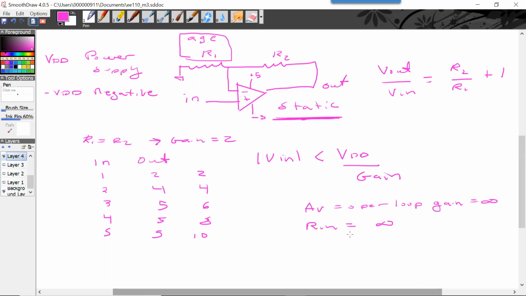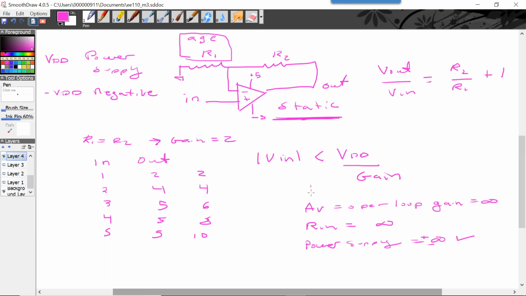And the power supplies are plus or minus infinity as well. And so we just found out, well, no, that's not always the case. Now, Rn tends to be infinity if the other resistors are 100 times less than whatever Rn happens to be.